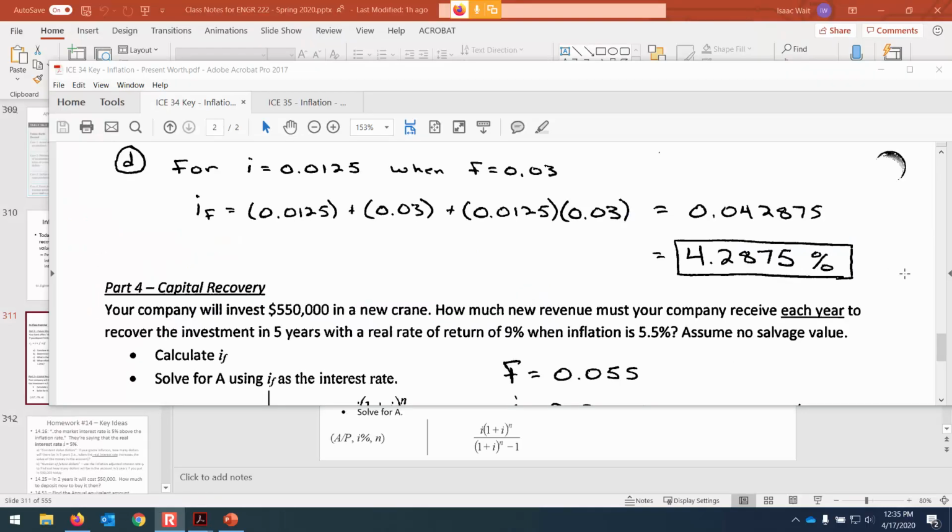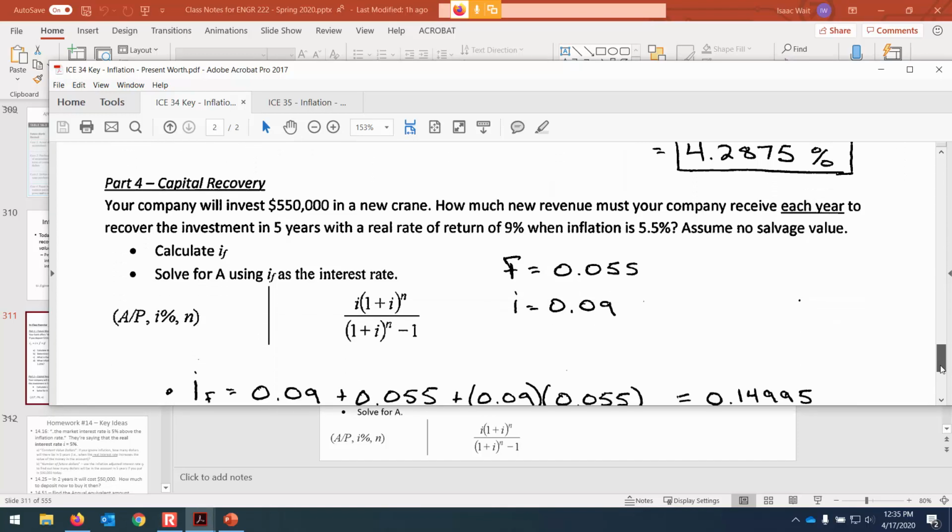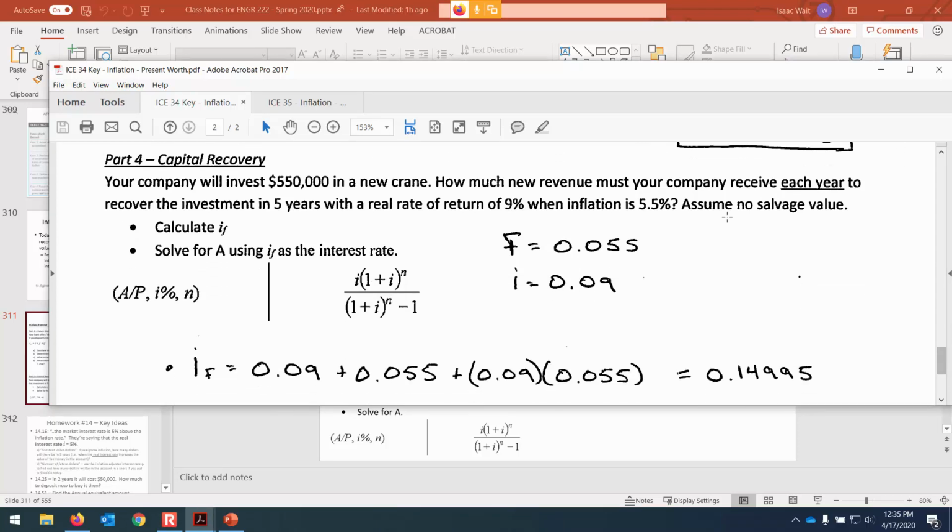Let's first look at what I sub f should be used in this. If we're going to be spending $550,000 on the crane, and we want to achieve 9% real return when inflation is 5.5%, you can see that what we have to discount and do all of our interest calculations at is 14.995%.